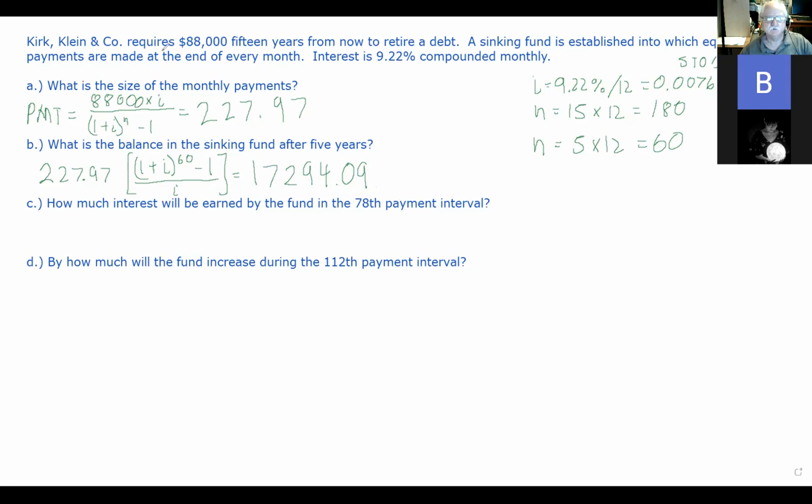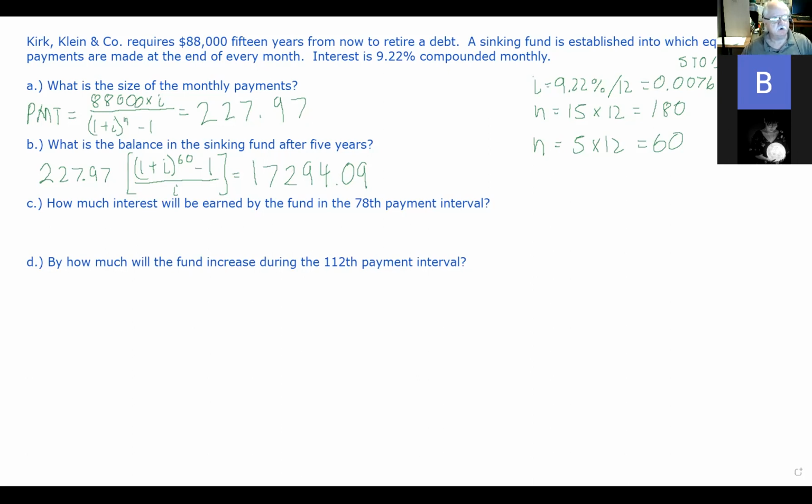And this is not annuity due, so we don't have to add that interest this time. So it'll be an easier calculation. So what do we need to do?